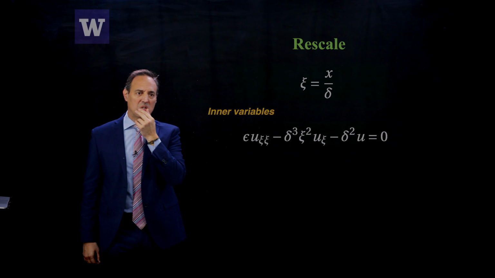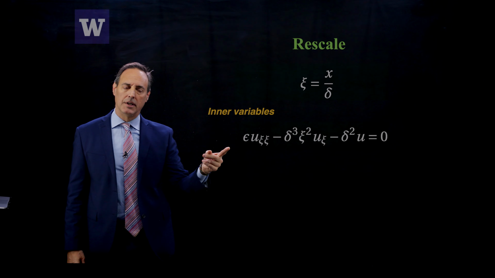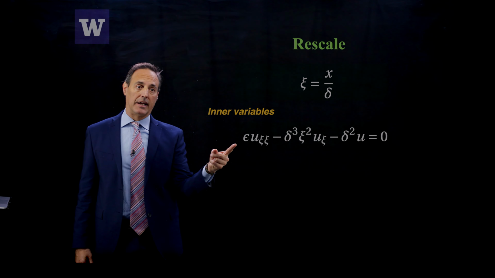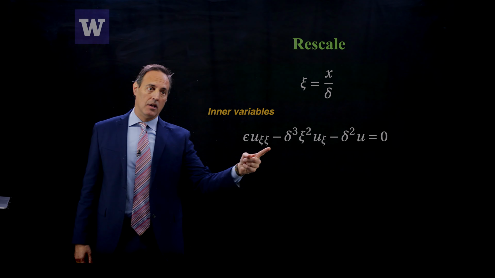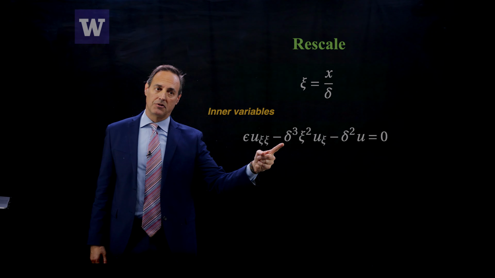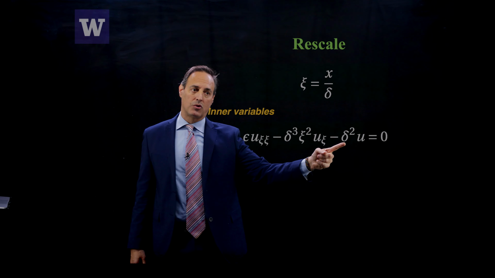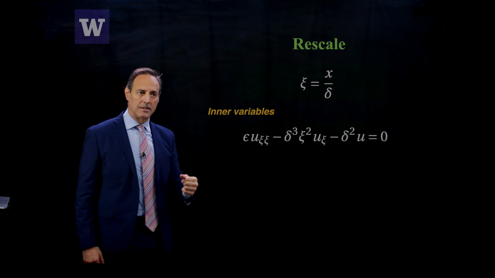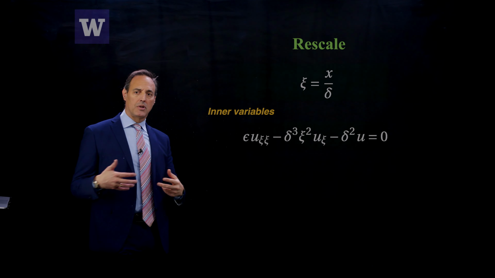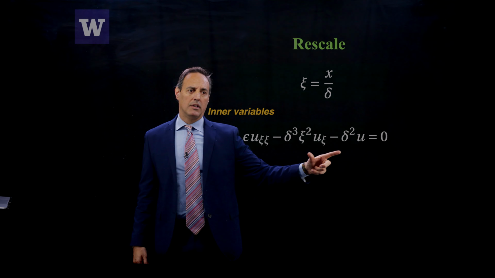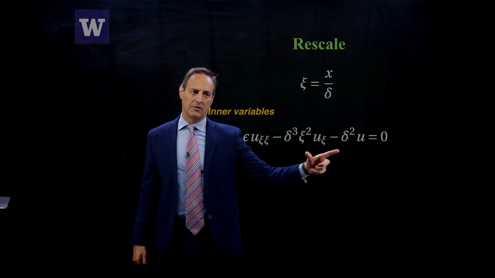So when I do this rescaling, in terms of the inner variable, here's what my leading order solution looks like. There's an epsilon in front of here. Notice this term, this is interesting. There's a delta cubed, c squared, and minus delta squared. First thing I want to highlight is delta and epsilon are both small. So when you look at these, there's a delta cubed and a delta squared.